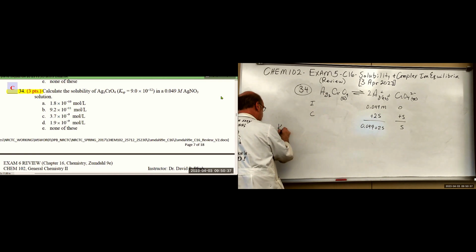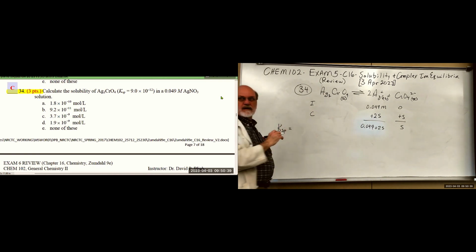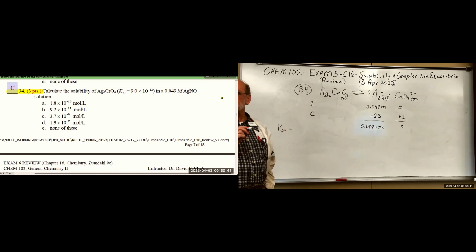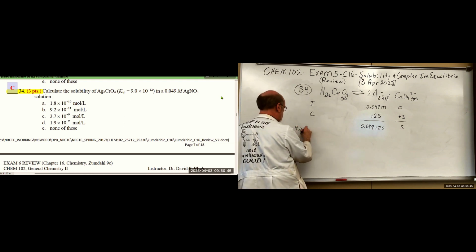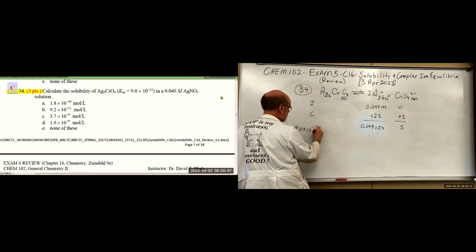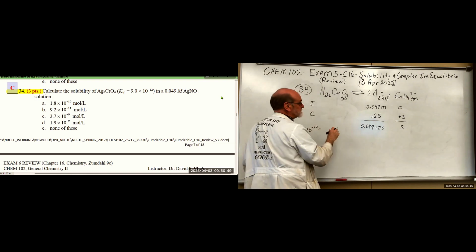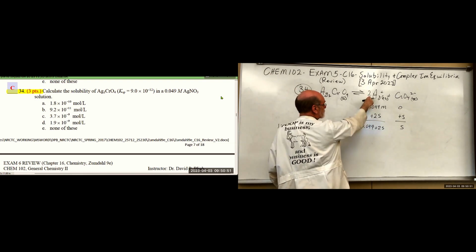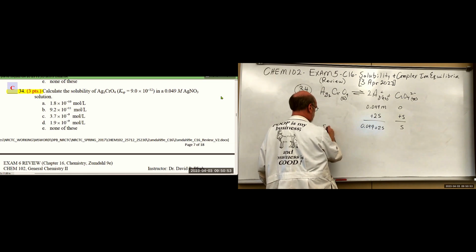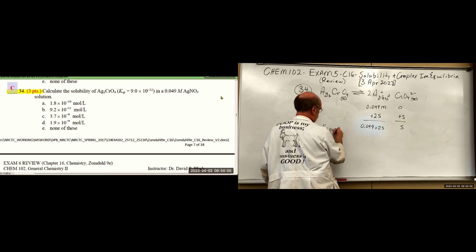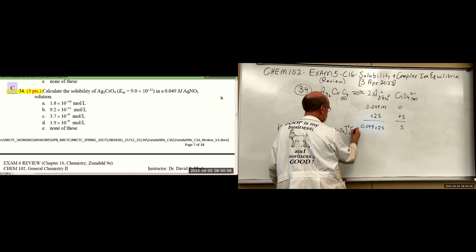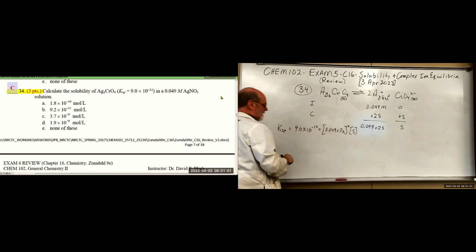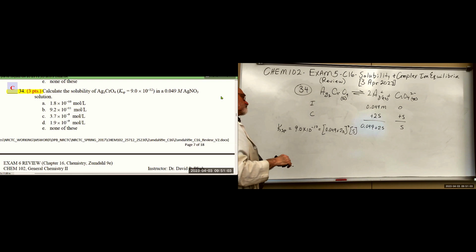So KSP equals 9 times 10 minus 12, which is equal to this one squared times this one.